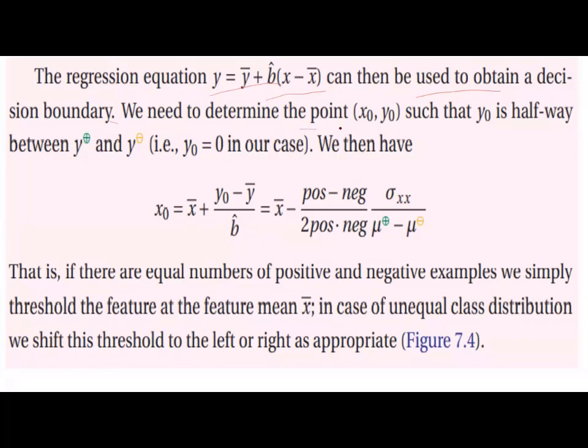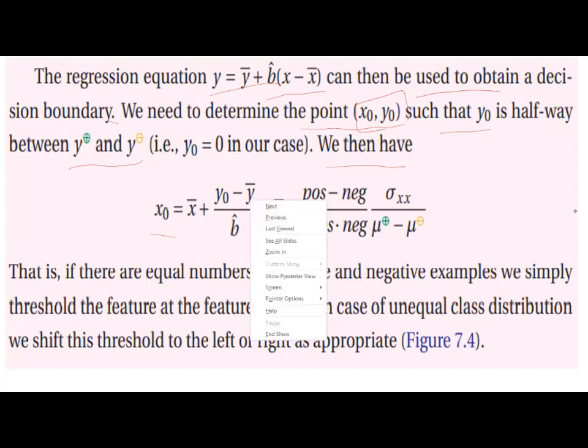We need to determine x naught, y naught, such that y naught is halfway between y positive and y negative. We can then write x0 is equal to x bar plus y0 minus y bar divided by b hat.